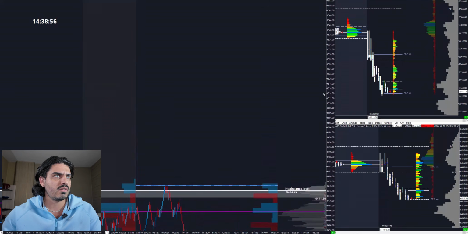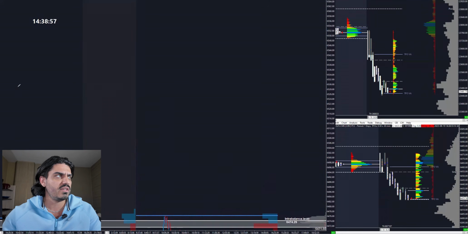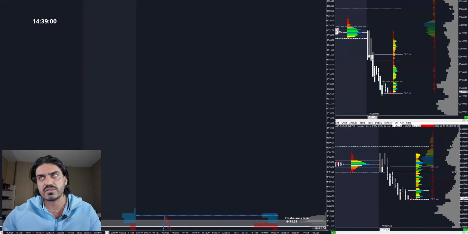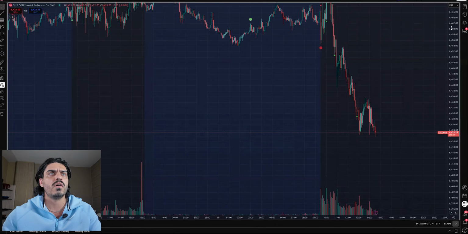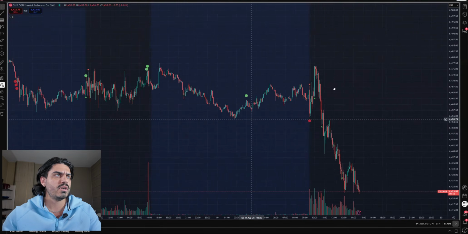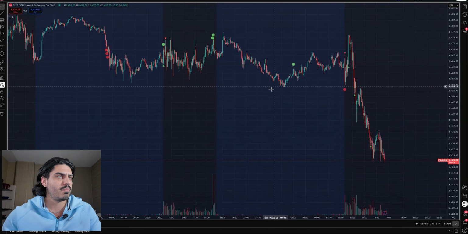So let's take a look at this from a very easy drawing perspective. We could even add some time frames to this. We can take a look at, let's say, a 5-minute chart here on the S&P on TradingView, though it doesn't really matter what kind of chart you're actually using.